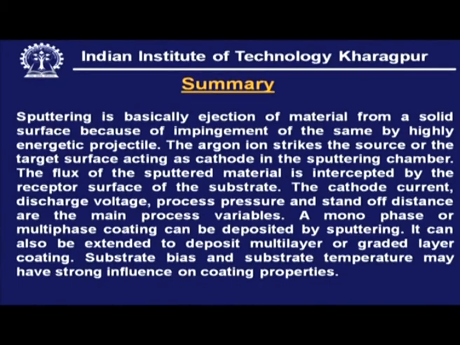The flux of the sputtered material is intercepted by the receptor surface of the substrate. The cathode current, discharge voltage, process pressure and the stand-off distance are the main process variables. A monophase or multiphase coating can be deposited by sputtering. It can also be extended to deposit multilayer or graded layer coating. Substrate bias and substrate temperature may have strong influence on coating properties.